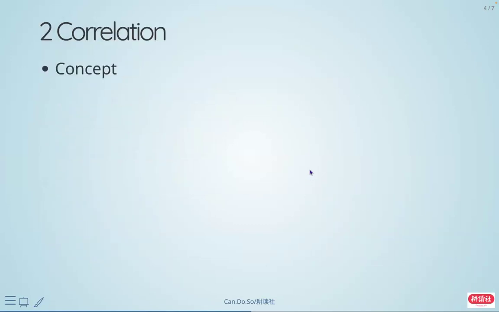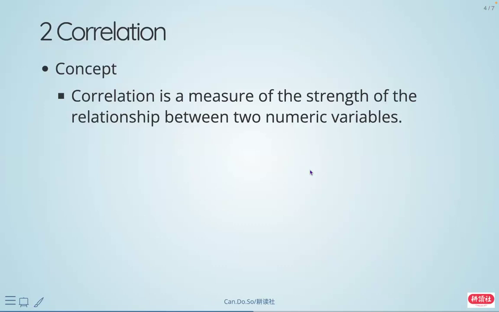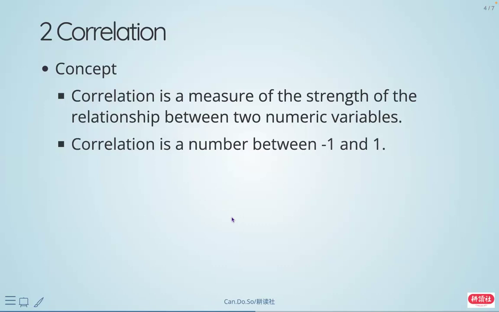So, correlation. Correlation is a measure of the strength of the relationship between two numeric variables. So what does it mean? It means that if the two numeric variables have some kind of relationship, they go in the same direction or the negative direction, and the relationship is strong or weak.